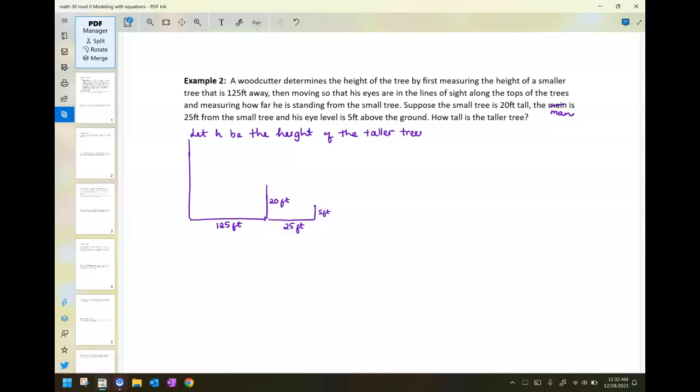So let's go ahead and draw this triangle. Okay. So let's move this a little bit.